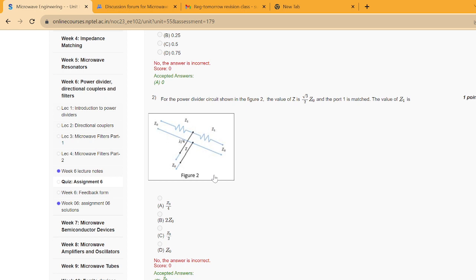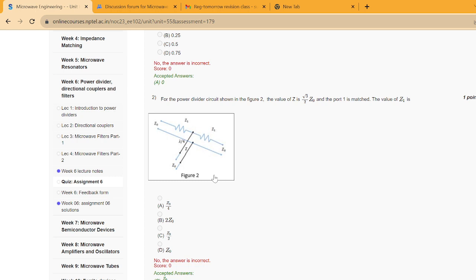So it is like Z1. At port 1 the impedance is Z0. Then this is also Z0, this is also Z0. This is written as Z1. Now the value of Z is root 3 by 2 Z0.